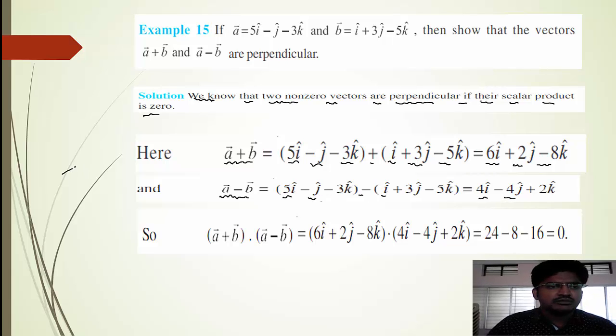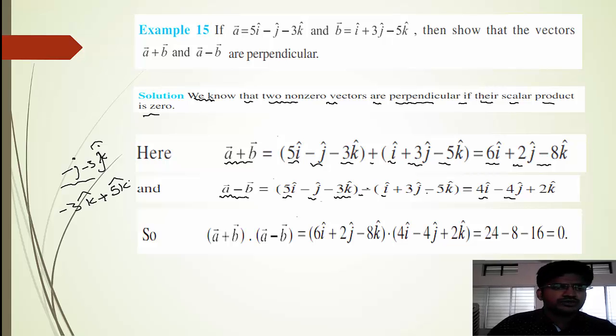Then minus 3 k cap, minus into minus is plus 5 k cap, so this will be plus 2 k cap. Clear?